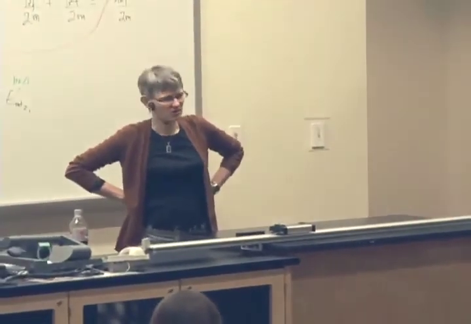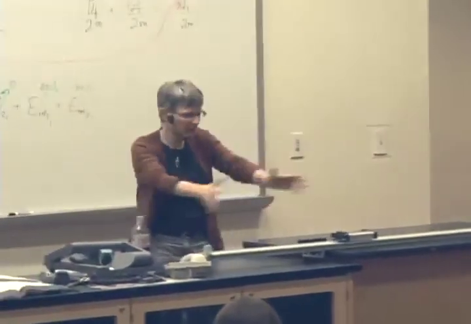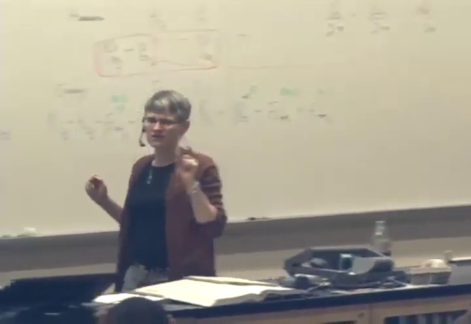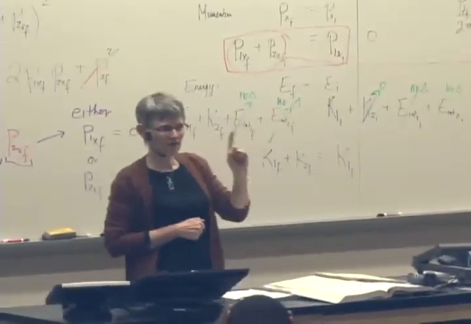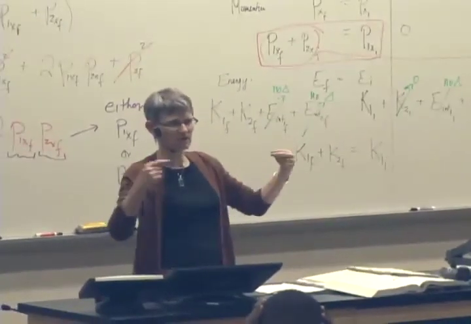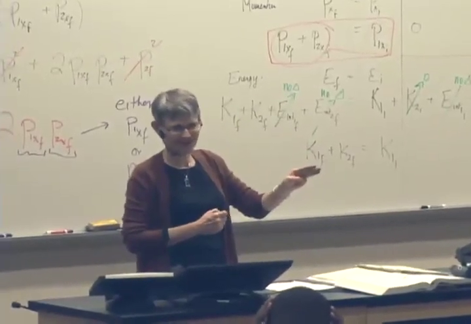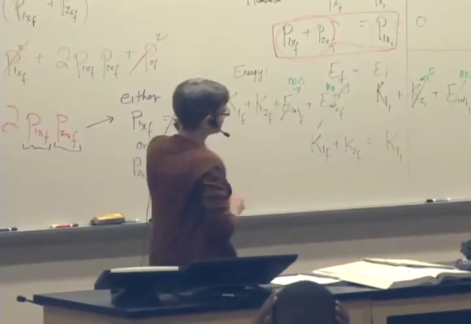And what did it look like, the speed? How was the speed of the second cart compared to the initial speed of the first cart? Looks the same, doesn't it? So all the momentum just got transferred to the second cart. Now this is a special case because this was a collision of identical objects hitting head on, one initially at rest. So there were a lot of conditions on that.